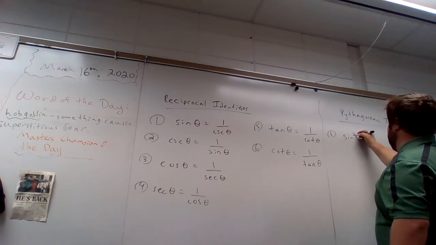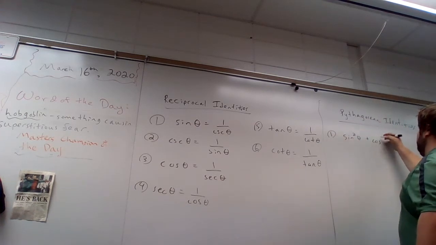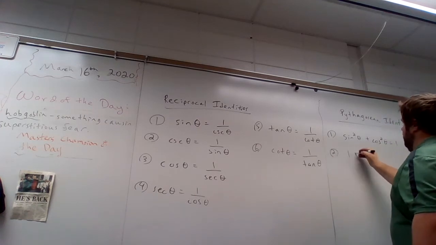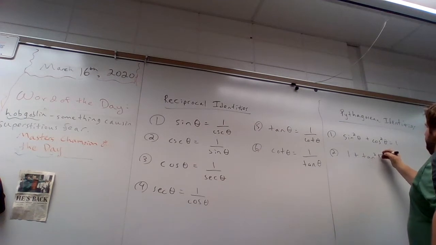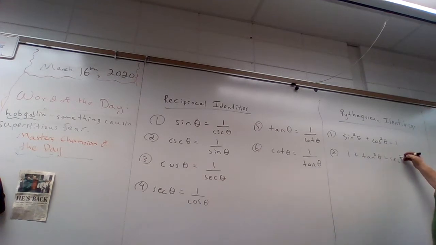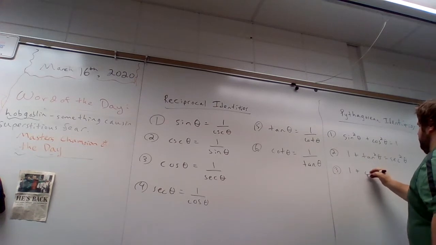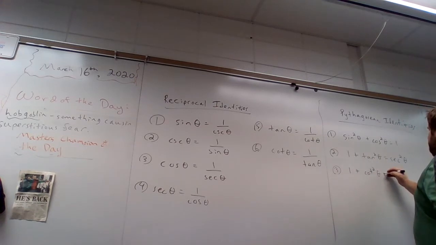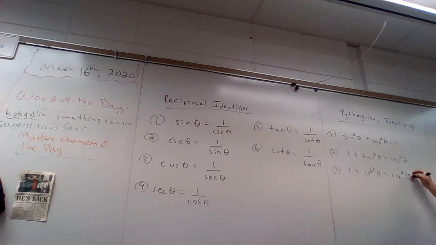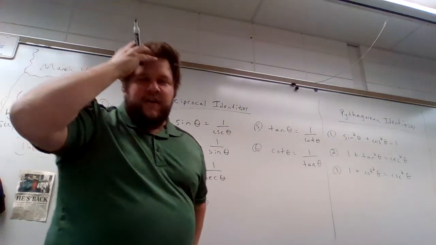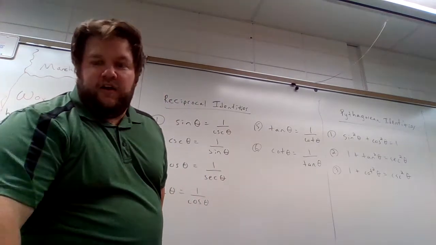Sine squared theta plus cosine squared theta was 1. 1 plus tangent squared theta was equal to secant squared theta. And 1 plus cotangent squared was equal to cosecant squared. That we did before, and you should have it in your notes somewhere.